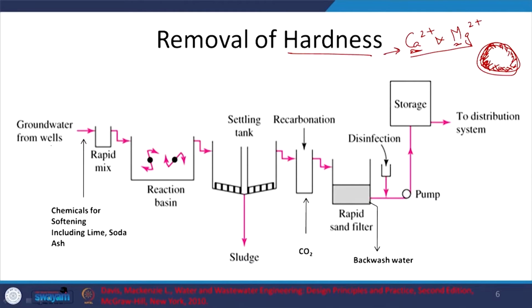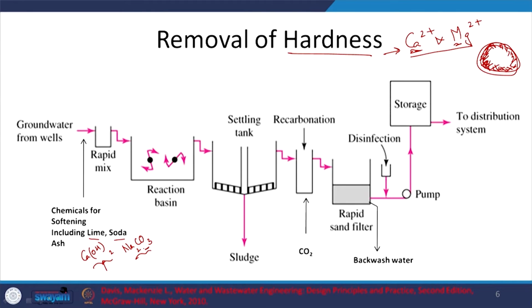So for groundwater from wells, we can add different chemicals like lime or soda ash: lime Ca(OH)2, soda ash Na2CO3. Here we are adding lime to increase the pH, and here adding CO3 2-, so that you can precipitate the compounds in the form of calcium carbonate or magnesium carbonate and such.